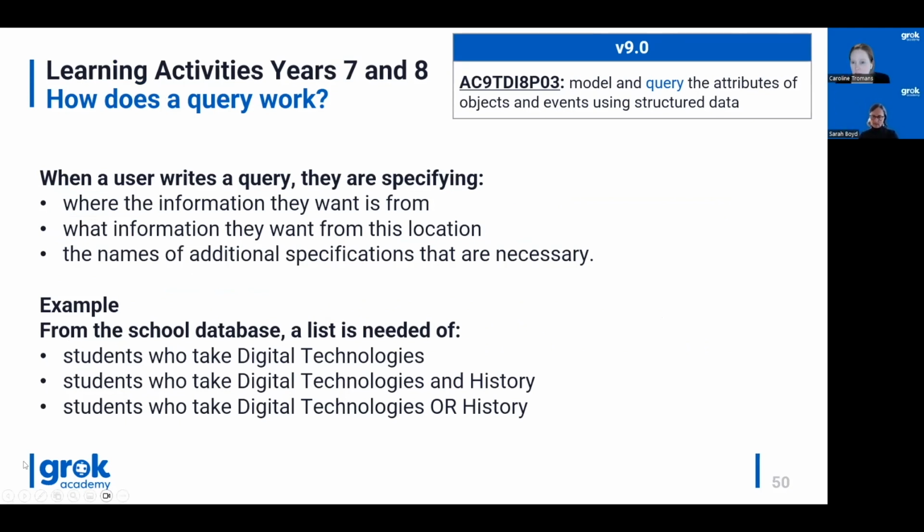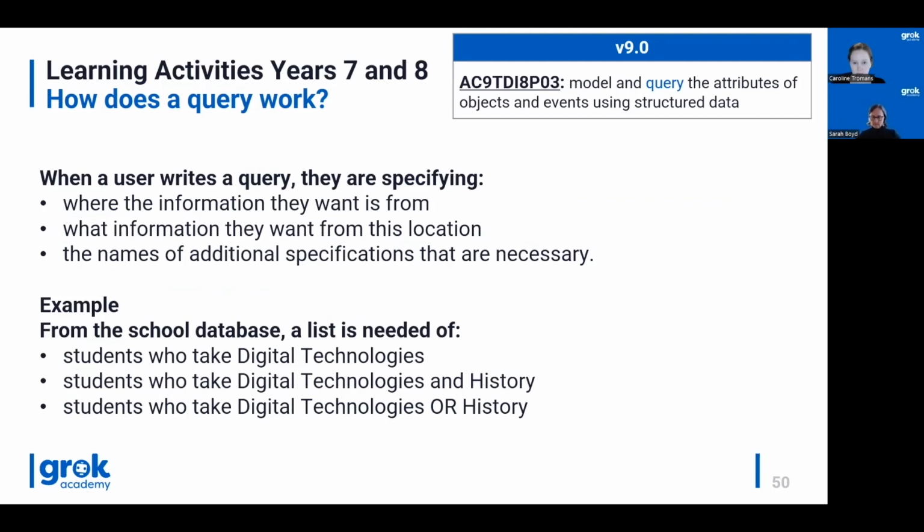It's a good idea to break down with years 7 and 8 just some really simple information that they would understand, that when you write a query, it's really using natural language and how we think and speak. So what they're looking to do is tell the computer where the information that they want is from, what information they actually want from this location, and the names of anything specific that might be important.